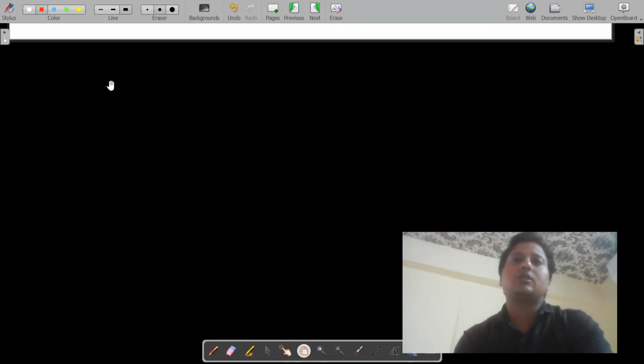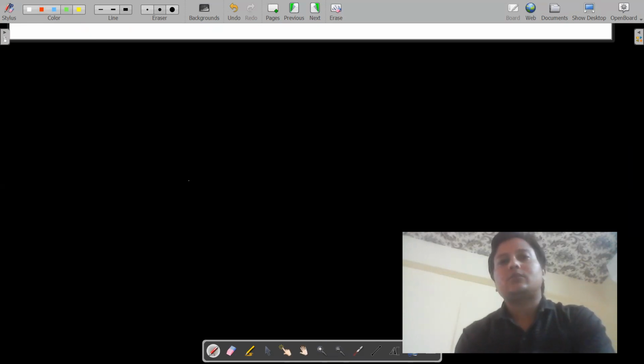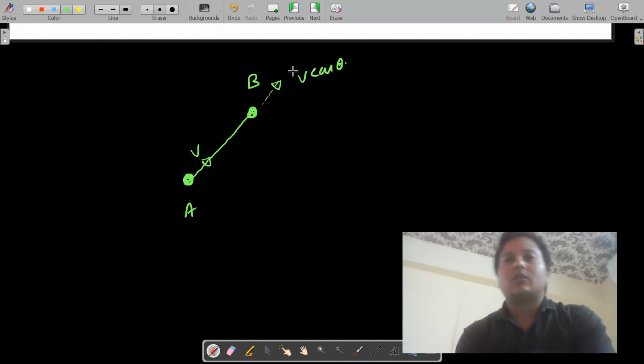The relative concept is taken at any time for particles A and B. Particle A is moving with a speed v heading toward B, and B has a component u cos theta along the same line. And suppose this distance is L dash.